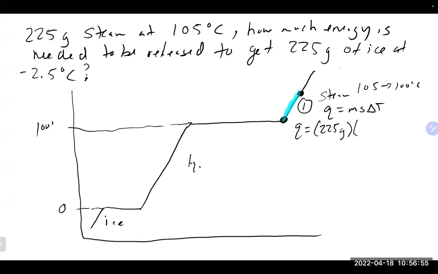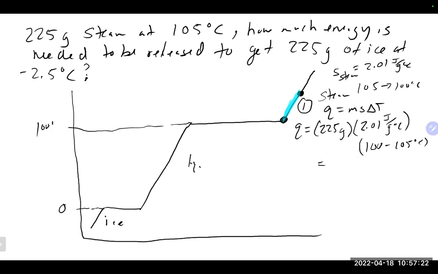So I'm going to go with about 2.01 joules per gram per degree Celsius. We'll just say that is for steam, and we'll use that number here. Remember that our final temperature is 100 and our initial temperature is 105, so 100 minus 105 degrees Celsius.